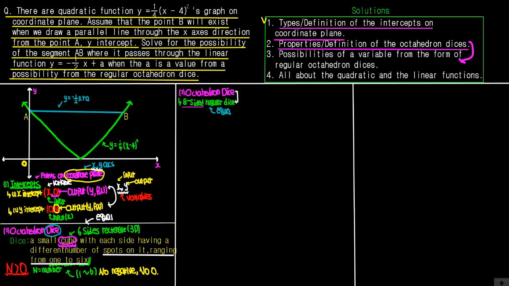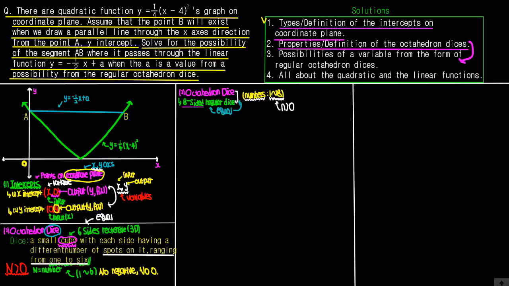So as we can see from its properties, the octenary dice is an 8-sided regular dice, and the outcomes from each side will be numbers. The numbers we can see from the octenary dice will be 1 to 8.